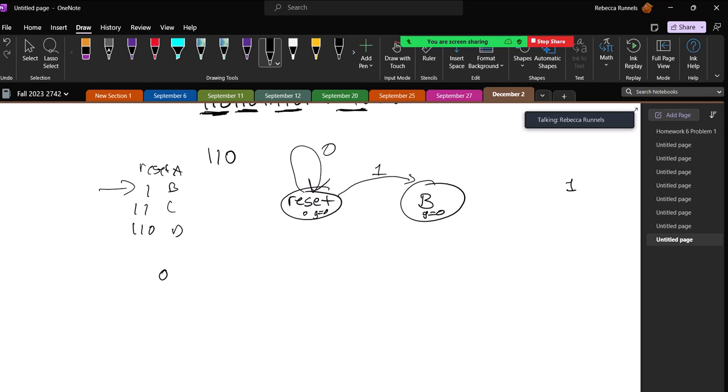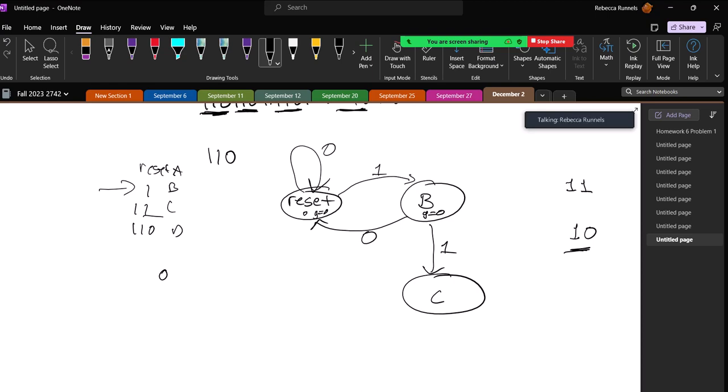Now, if I get another 1, I've advanced to stage C. If I get a 0, then I'm all the way back to my beginning because 1 0 is not a sequence that I can use to build on.